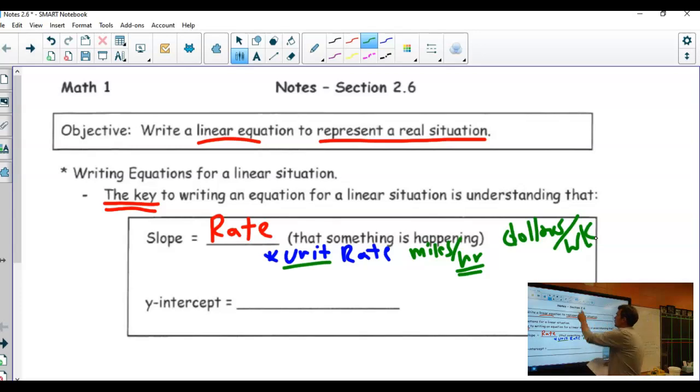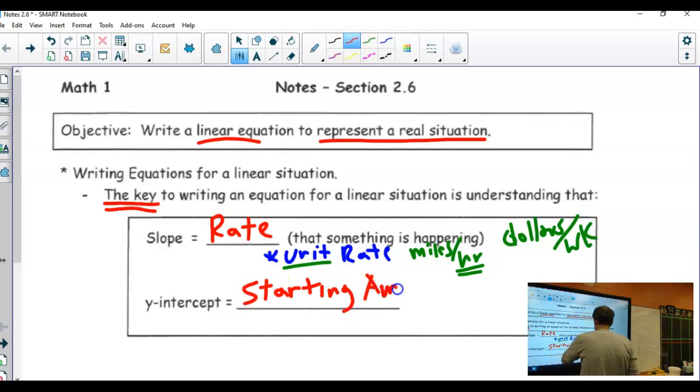All right, the other thing is the y-intercept. The y-intercept is commonly known as the starting amount. I like to joke that the letter B is used for the y-intercept, and the letter M is used for slope. And why do we use the letter B for the y-intercept? Sometimes I think it is because it's the beginning amount.